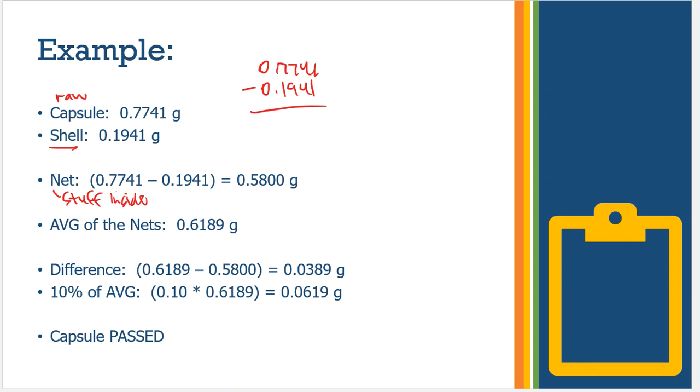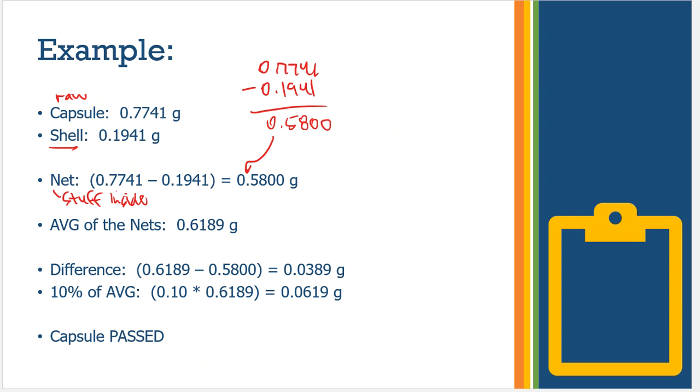And when I do that, I'm going to get 0.5800. That is the mass, or the difference between the capsule and the shell. So it looks like a little more than half of a gram of material is on the inside of this capsule. And that is referred to as the net difference, right?